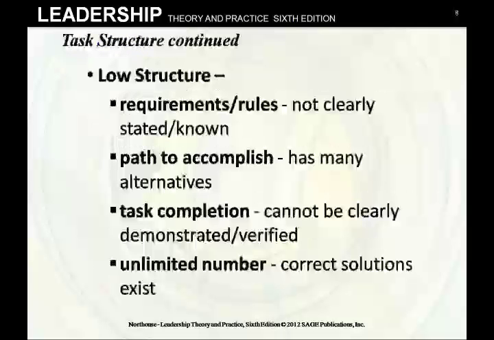Low structure is when requirements or rules are not clearly stated or known. There are many alternatives to accomplishing a task. The task completion cannot be clearly demonstrated or verified, and there's an unlimited number of correct solutions that exist.